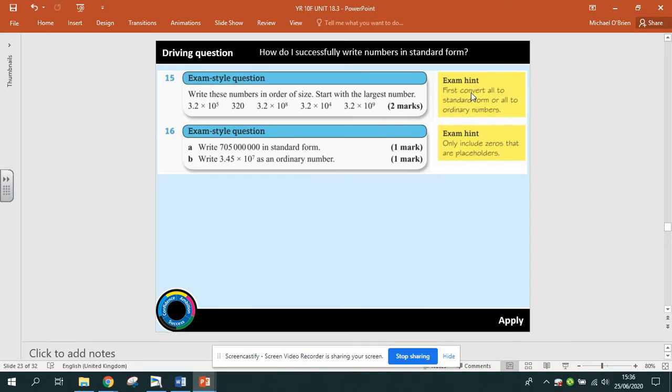So start with the largest number, and then we've got a number to write in standard form and a number in standard form to write as an ordinary number. These are all very, very common. It's a very common style of exam question. So when you're ready, pause the lesson and work your way through those, please, then restart.